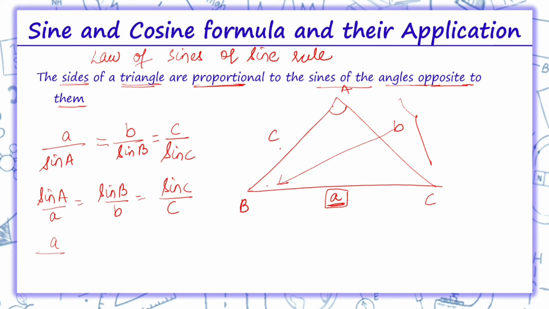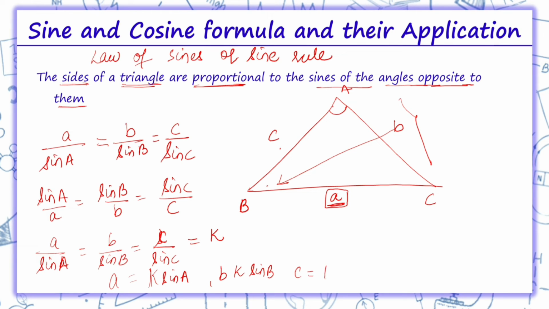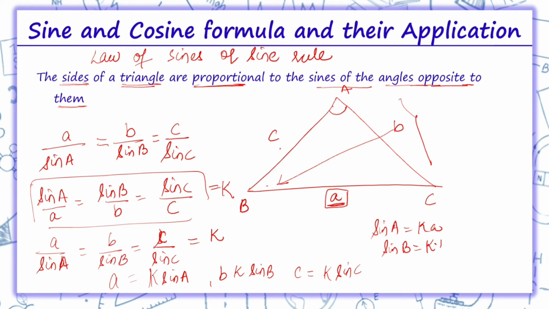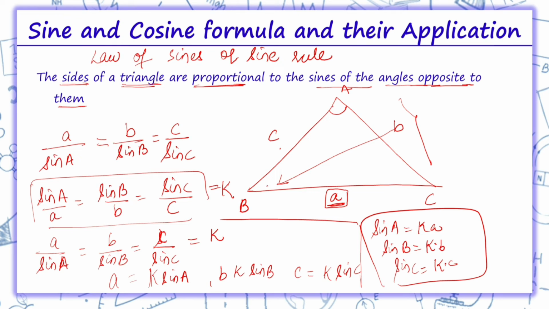For example, A upon sine A equals B upon sine B equals C upon sine C. Let's suppose this is equal to K. So the value of A will be K sine A, B becomes K sine B, and C becomes K sine C. Similarly, if this whole ratio is assumed to be K, then sine A becomes K into A, sine B becomes K into B, and sine C becomes K into C. This is all about the sine rule.